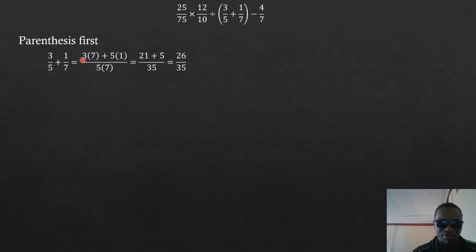So now how to simplify. 3 times 7 is 21, plus 5 times 1 is 5, and then 7 times 5 at the denominator we have 35, okay. Then now 21 plus 5 is 26/35, okay. So that's the answer to this bracket.